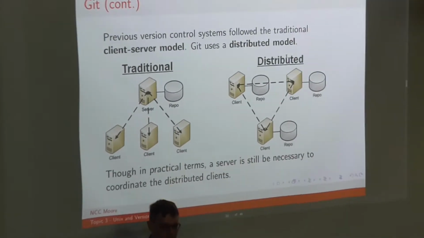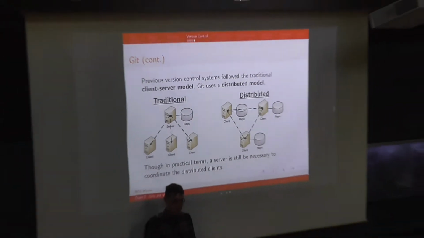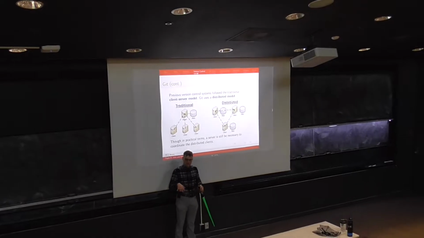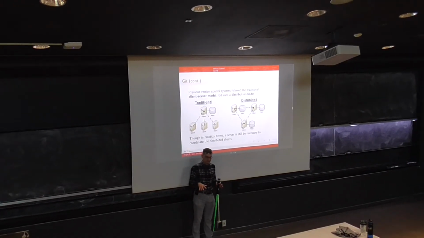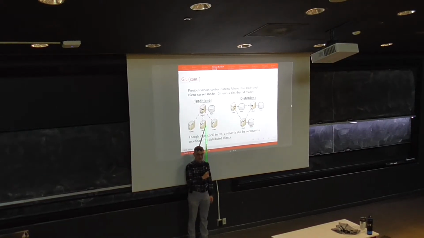So it would be possible, right, for you and your friends to just get together and form a distributed Git repo network without needing to actually even bother with GitHub.